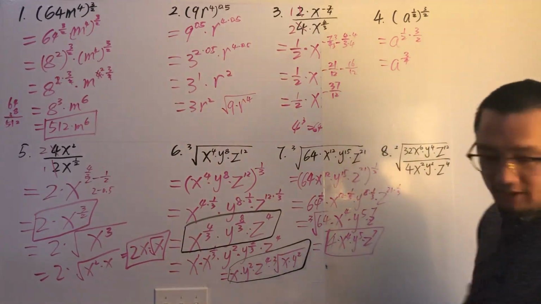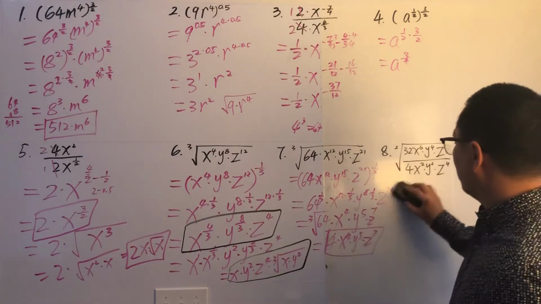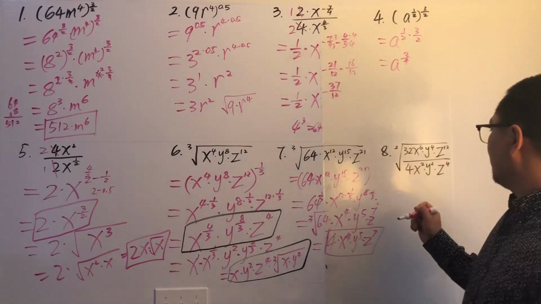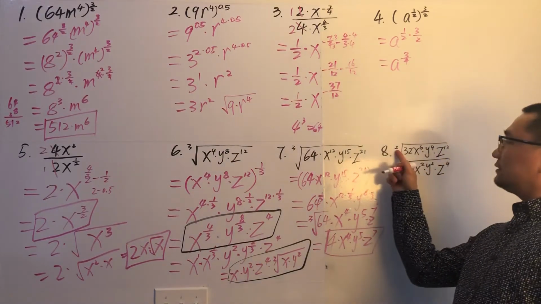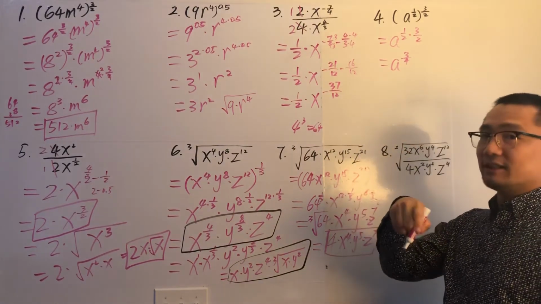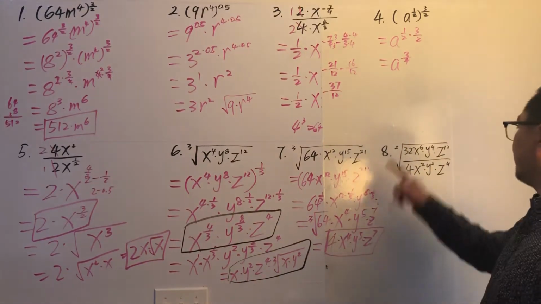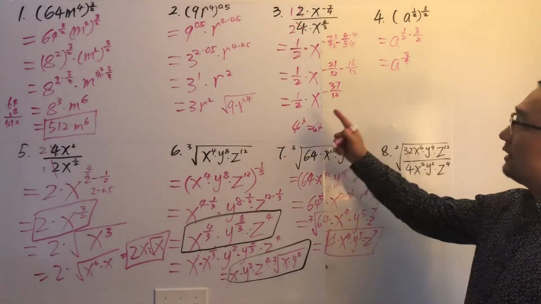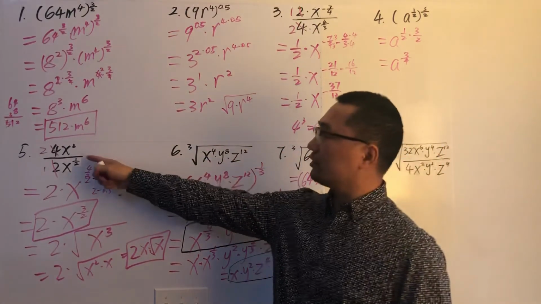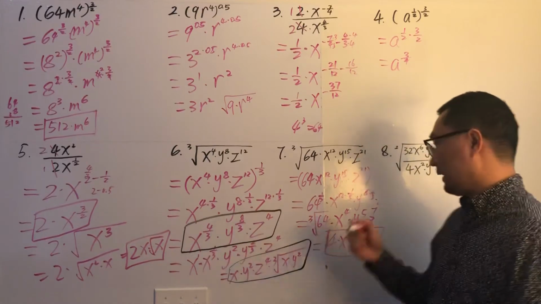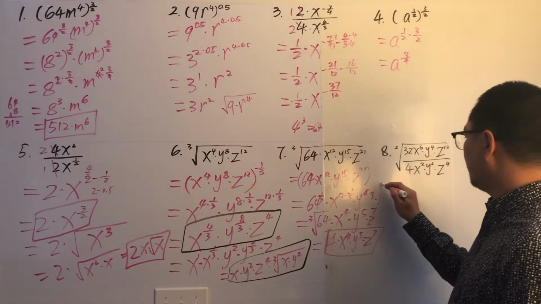Okay, last question. So I want to erase a little bit. So now number 8. So now you can see the 2 is outside, so actually it is the square root. So now inside you can use the quotient properties to simplify inside the square root, and then you do the outside. So this one you can rewrite here.